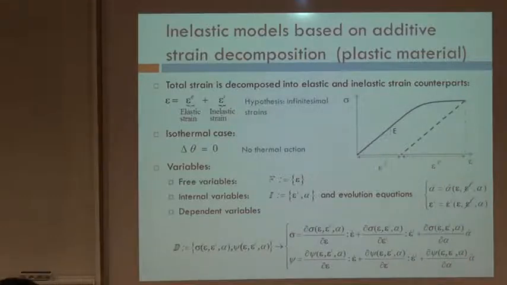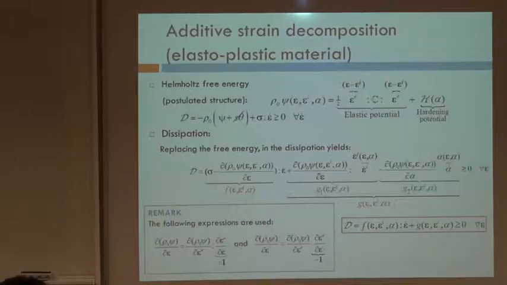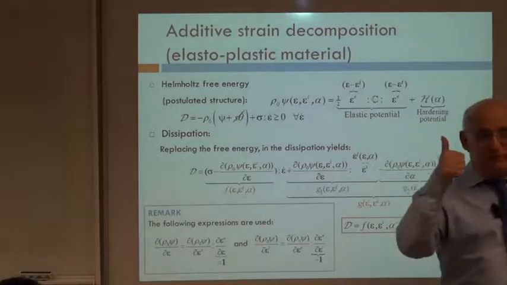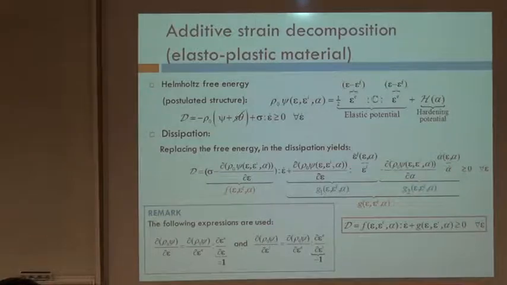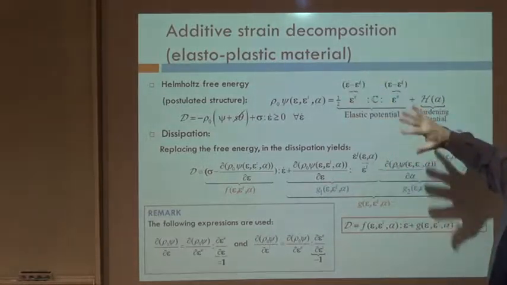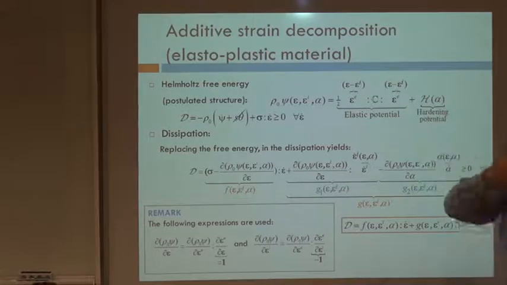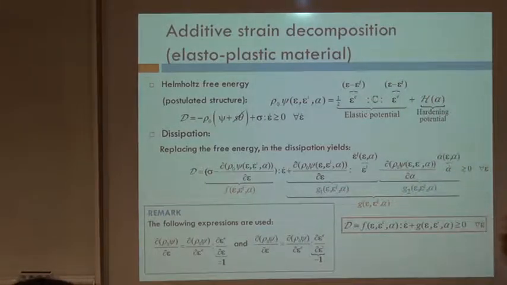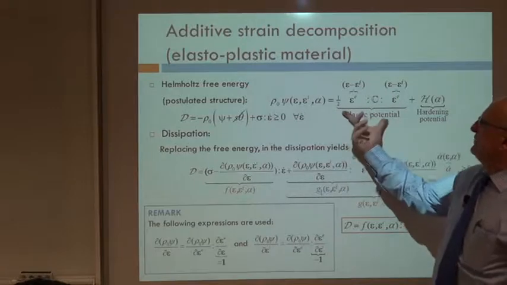Okay, so the next step is, as we said, having formulated the free variables, the internal variables, and the evolution equations, to propose a free energy function. And the free energy function in this model is also postulated based on some physical reasons that maybe you will see in more detail when we go to this family of models, and it has two parts.